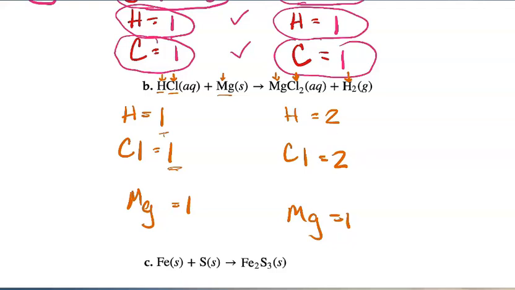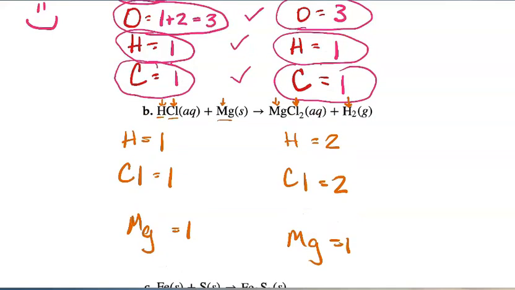So the way that I do that is I'm going to use a coefficient and put it, maybe in a different color, a blue, in front of my compound. What that 2 now means is that it's multiplied by however many atoms were in there originally. And originally I only had 1. So 1 times 2 is 2.